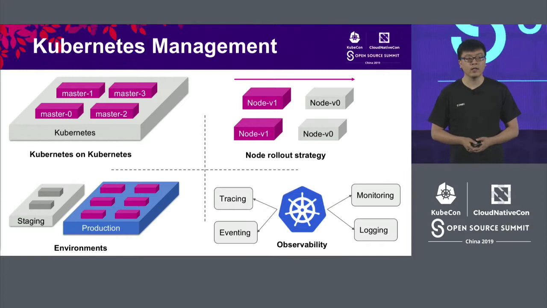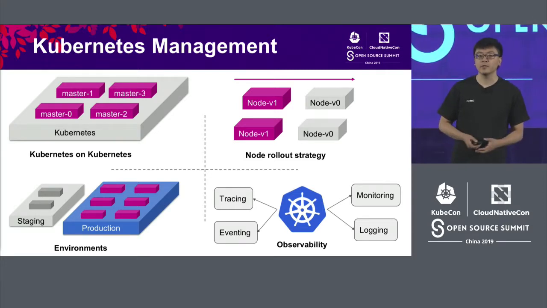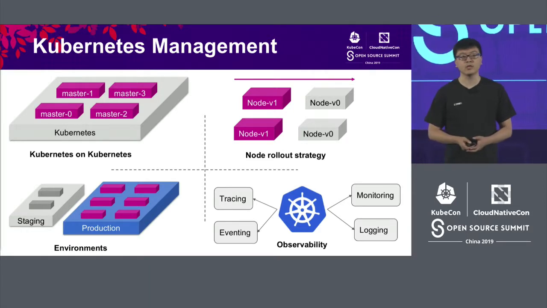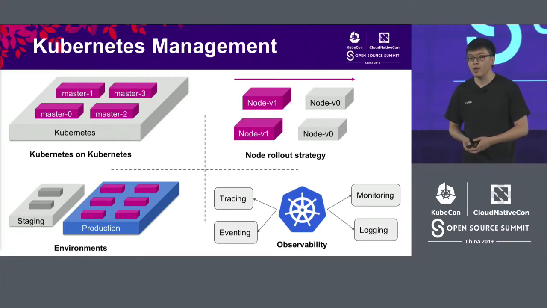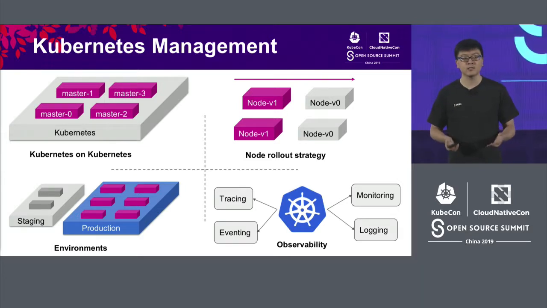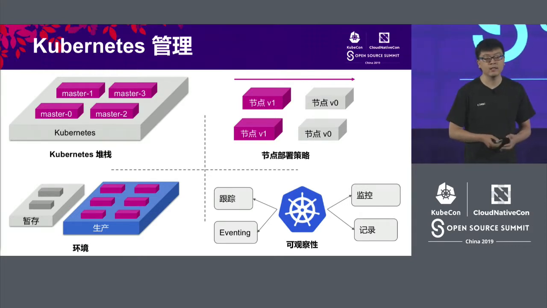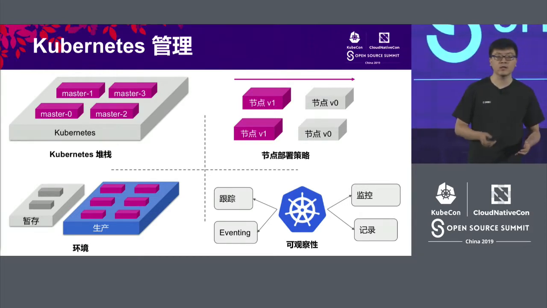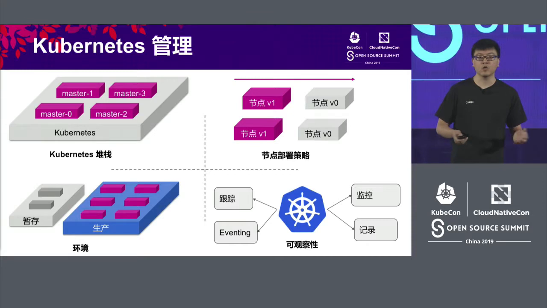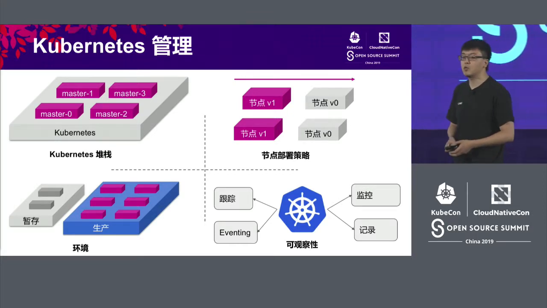The first thing I want to say is how to manage the Kubernetes master. And of course, we have a very innovative way, which is Kubernetes on Kubernetes. First of all, we have a Kubernetes cluster, and then we can manage the other nodes by Kubernetes automation. That is, Kubernetes manages Kubernetes, to stabilize the users' Kubernetes.